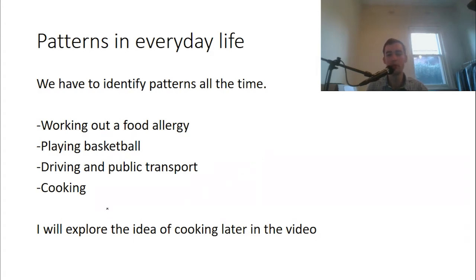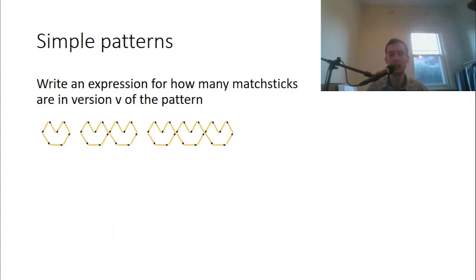Driving on public transport is another example. There's lots of patterns in when the buses are coming, or what the cars are doing when they're driving. And cooking. And we'll talk about cooking a little bit later.